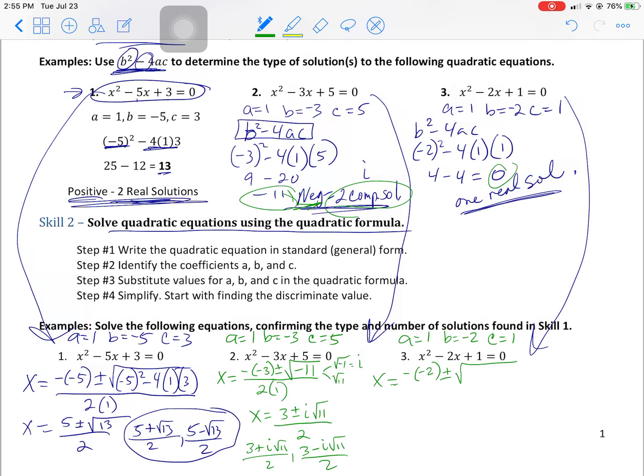The discriminant ended up being 0, so I'm just going to throw that on there. And 2 times A. So this is going to be negative is a positive. And that's just 1, and that was what I expected, was one real solution. Okay?